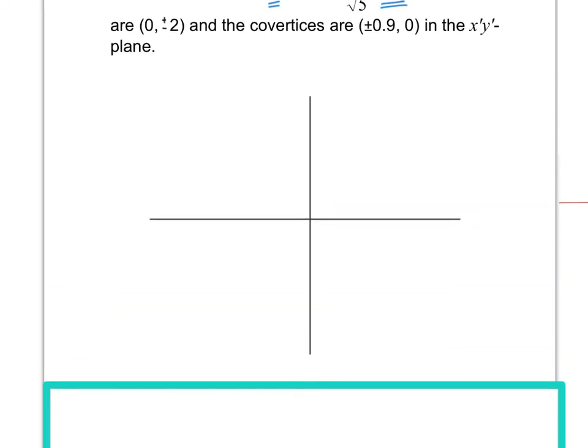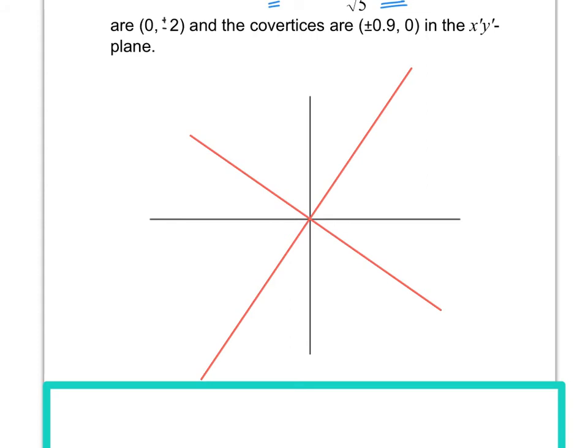So here is my XY axis, and I'm going to bring over another XY axis, and I'm going to rotate that pi over 3 radians, which is the same as 60 degrees, which is roughly about there.